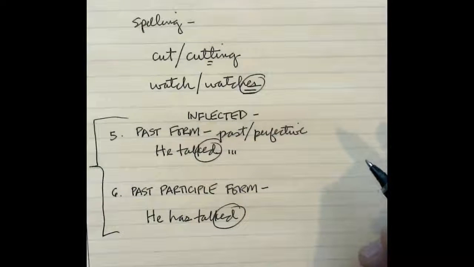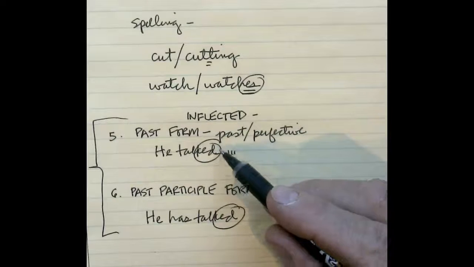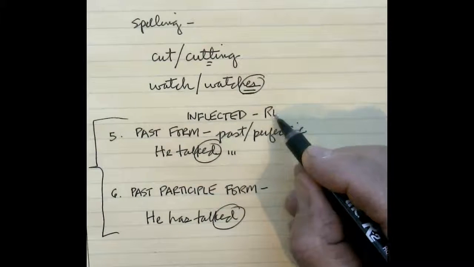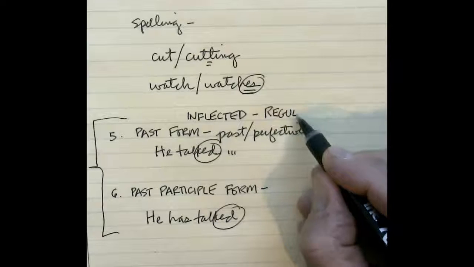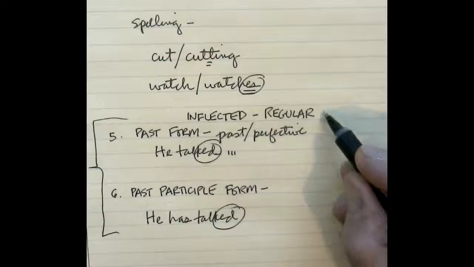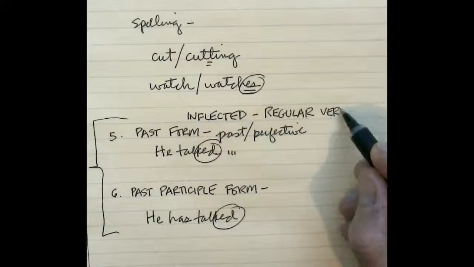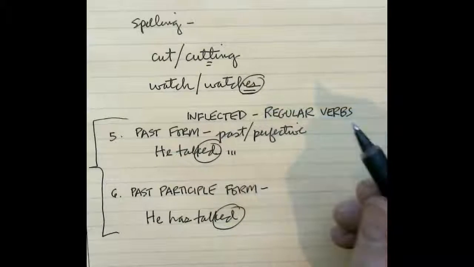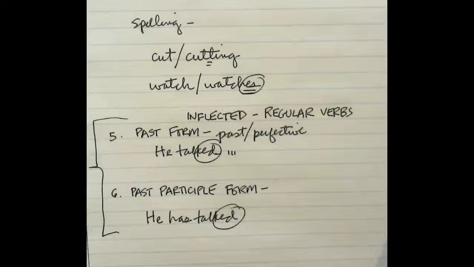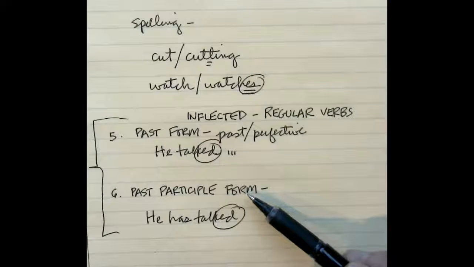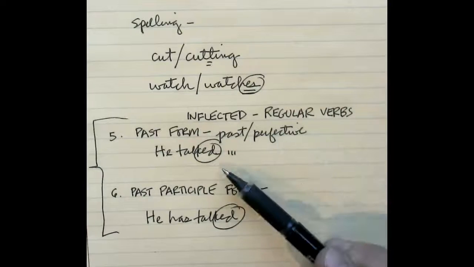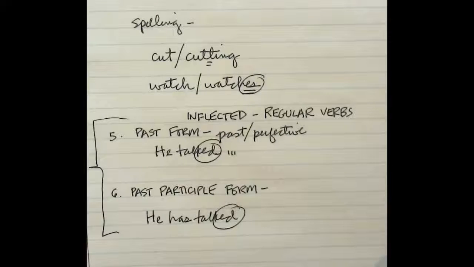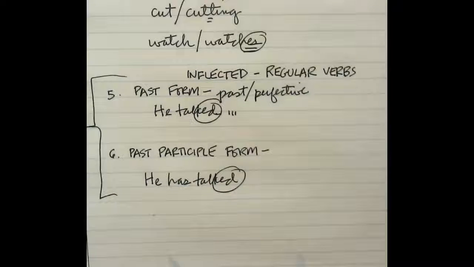But now the important thing we need to mention is this is how regular verbs are inflected. Regular verbs mean that the past form and past participle forms add ed to both forms, and it's the same for all verbs, except the irregular verbs.